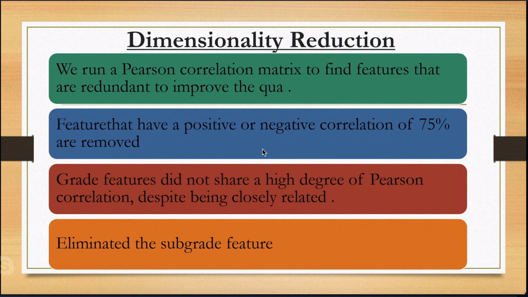Then, coming to dimensionality reduction, we ran a Pearson correlation matrix to find redundant features and improve the data quality.